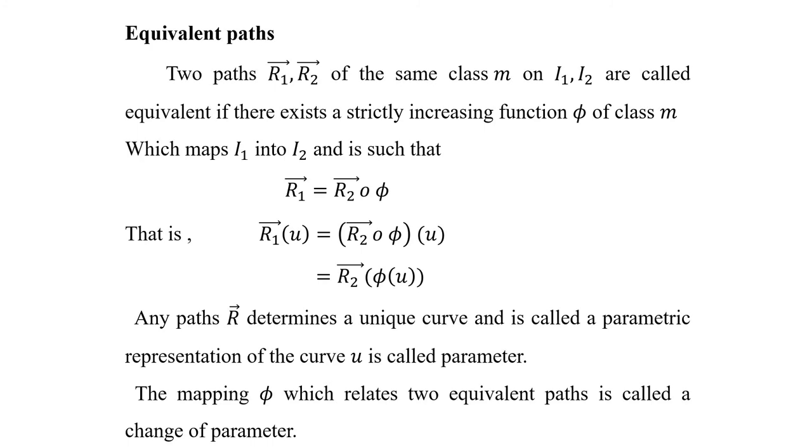Now we are going to see equivalent paths. Let us take two paths R1 vector and R2 vector of the same class, defined on two different intervals I1 and I2. They are called equivalent if there exists a strictly increasing function phi of class m which maps I1 onto I2 and is such that we may write R1 vector equal to R2 vector composition phi.